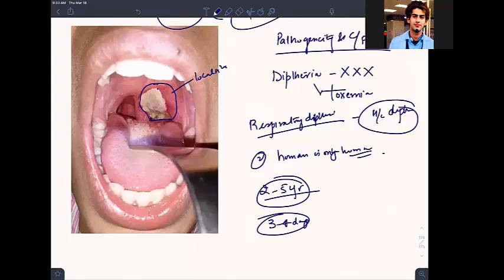And in this, the most common respiratory form is the faucial. What is faucial diphtheria? Faucial means when it is involving the tonsils. So tonsils and pharynx you can write.